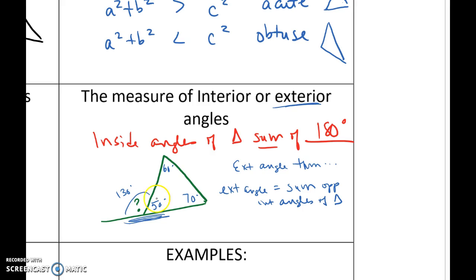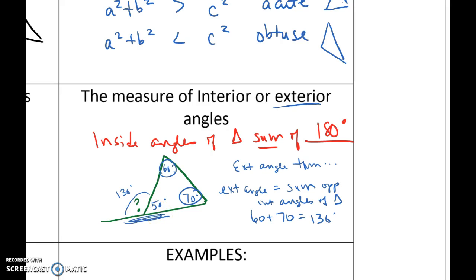So what this means is, if you go into the triangle, don't use the one that it touches, but if you use these other two, on the opposite side, if you add those together, then it will also equal what's on the outside. So you can use a theorem, or you can just look at your picture and do linear pair, but either way you'll get the same answer.